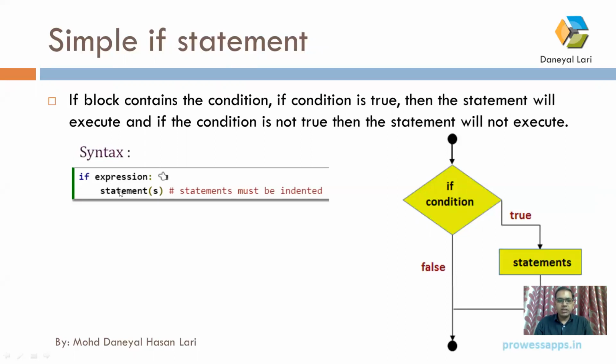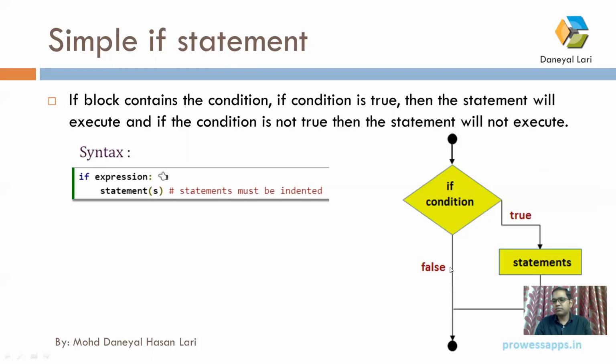The statements that you want under the control of this if must be right inside the if, and that is called indentation. After the colon, any number of statements that are indented under the if will be under the control of this statement. So statements must be indented.